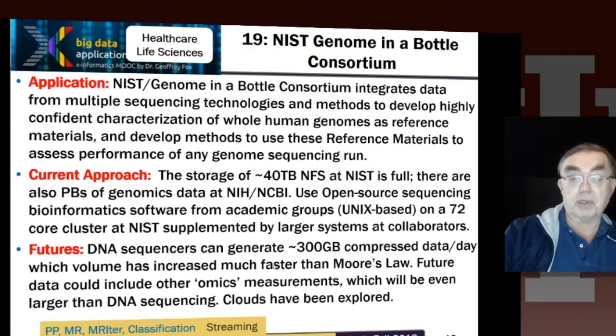And proteomics also provides equally large amounts of data. NIST has 40 terabytes and there are petabytes at NIH, and actually most labs nowadays probably have petabytes of data from their relatively cheap $100,000 gene sequencer that you can buy commercially.